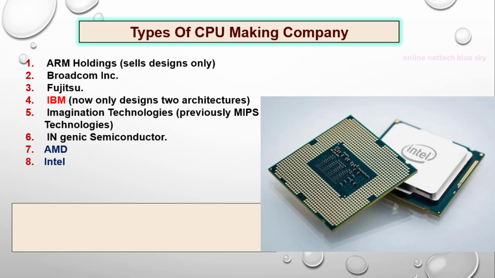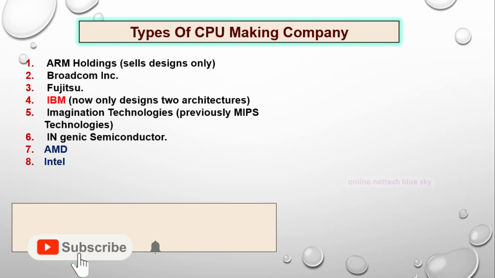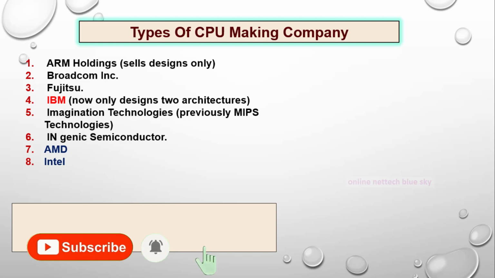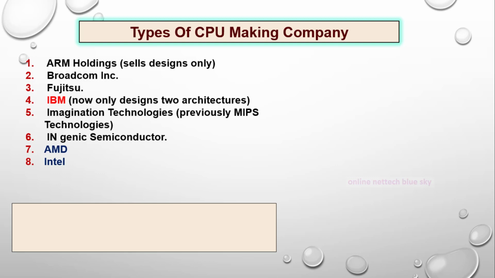Without Intel and AMD you cannot see other types of CPUs, but a lot of people know the famous AMD and Intel companies. They hold a very large market share in CPU marketing.